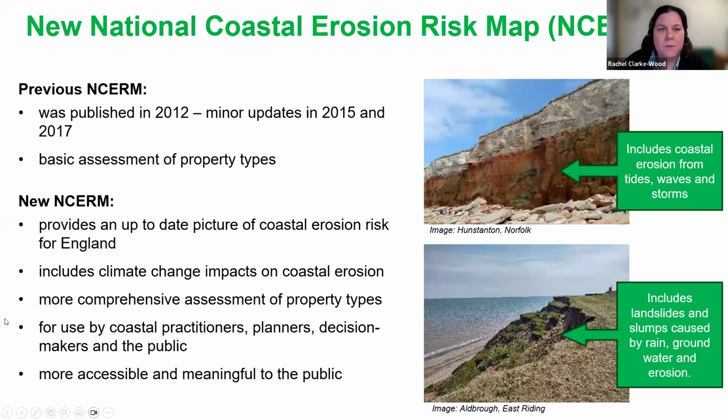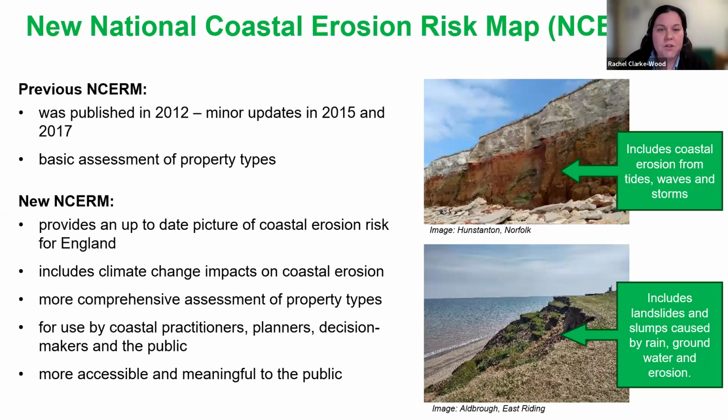I'll give some detail on the previous NCERM and also the updated NCERM. So as you can see on the slide there, our previous NCERM was produced back in 2012, and that only received 2 minor updates, and that was in 2015 and 2017. Our new coastal erosion risk map, sometimes referred to as NCERM2, has incorporated several big improvements.